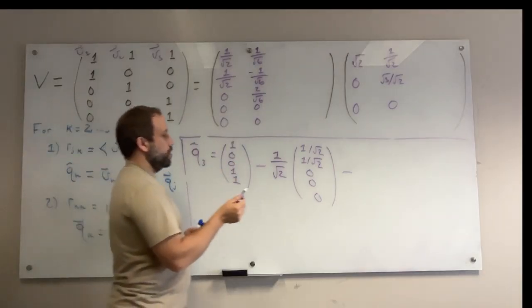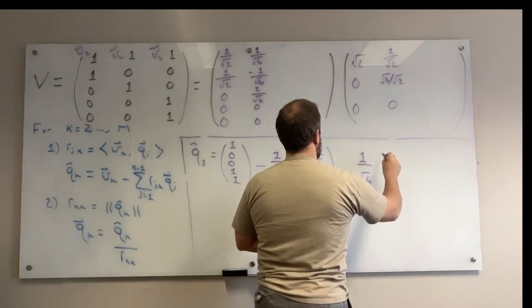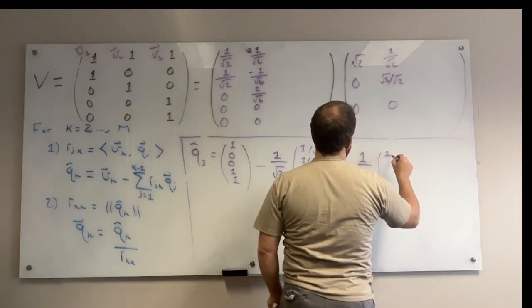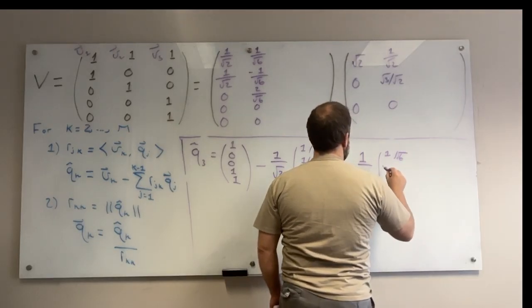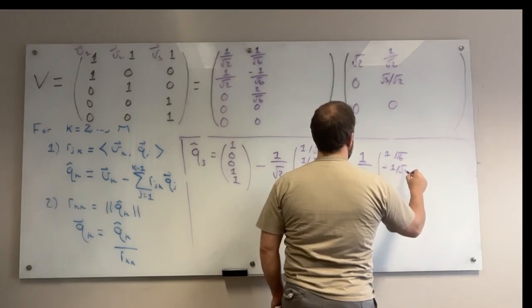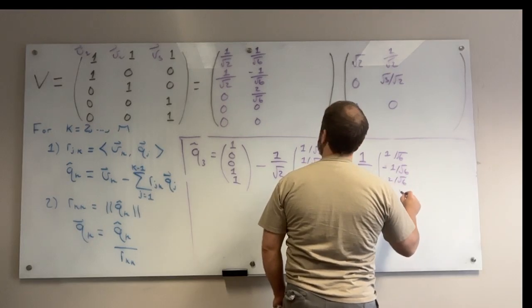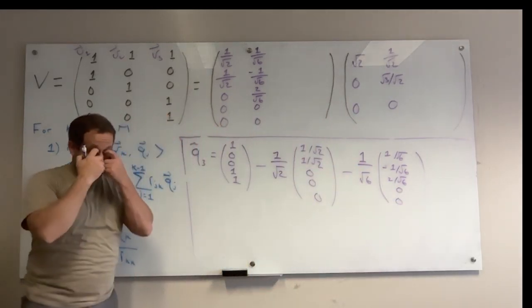So it's just going to be 1 over the square root of 6, and then times Q2, 1 over the square root of 6, minus 1 over the square root of 6, 2 over the square root of 6, 0, 0, like this.